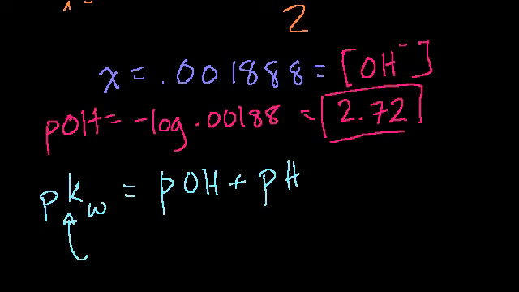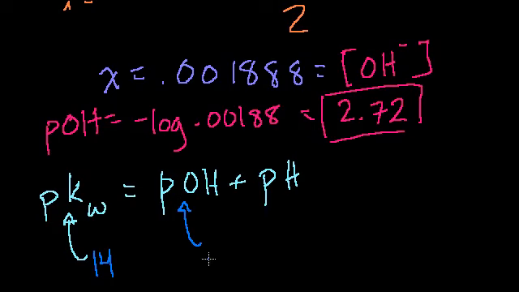This at 25 degrees is 14, because you have 10 to the minus 14 molar concentration. Well, actually, I don't want to go into that. You have 10 to the minus 7 of each of these. But anyway, this is the equilibrium constant for the dissociation of water. When water is neutral, it is 7, or a concentration of OH of 10 to the minus 7. But we take the minus log, this becomes 7.